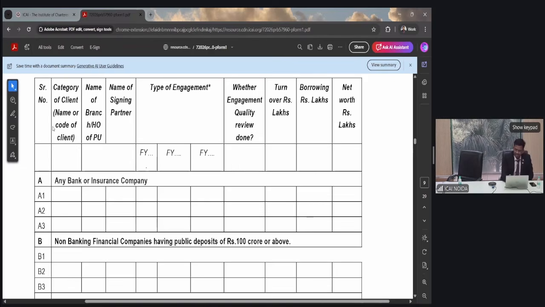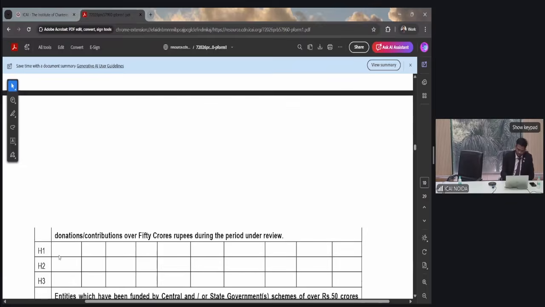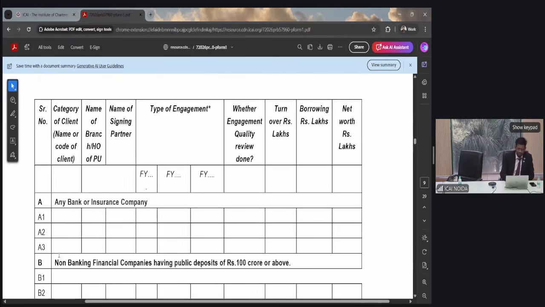Convert the same into Excel format, and firstly you ignore the columns from A to K. Put this in Excel format, whereby serial number, category name, signing partner, type of engagement. You have an option for ease of preparation of UDIN-wise client list in this format.